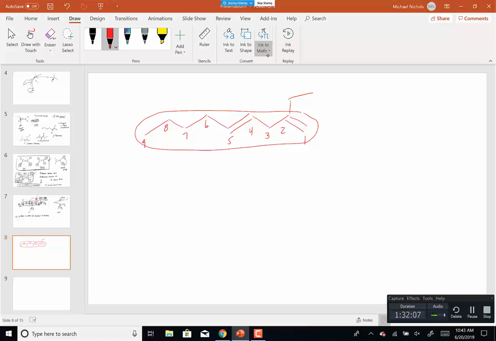The rule is it's got to be the longest chain that contains all the double bonds. So I can't go up to the ethyl group because I have to have all the double bonds in the longest chain.